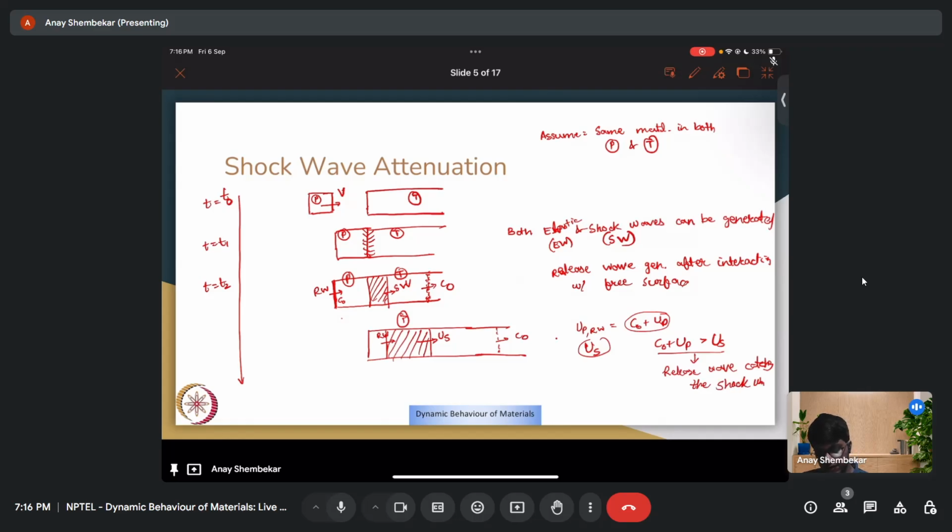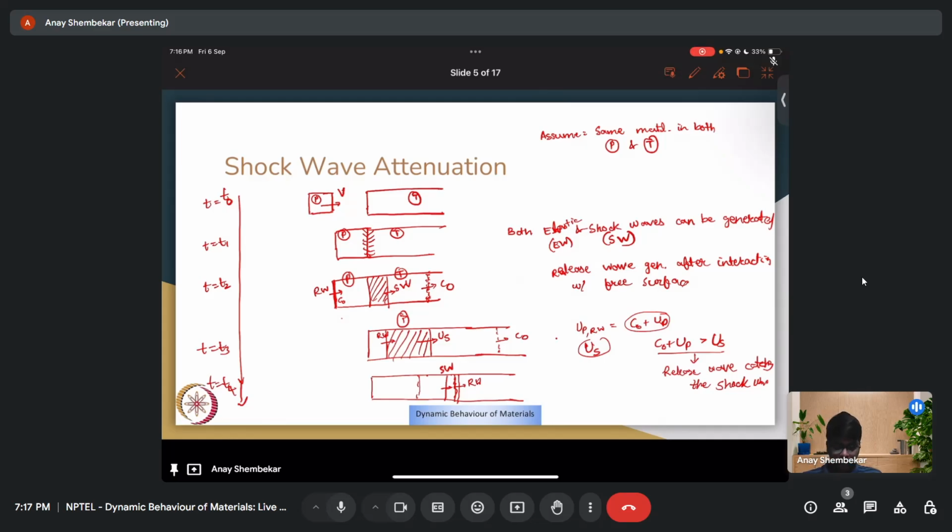So eventually you would have a point that looks like this, where your release wave will basically overcome your shock wave.